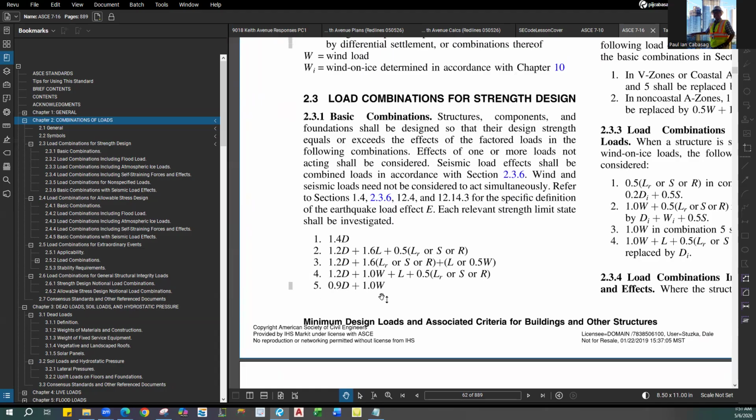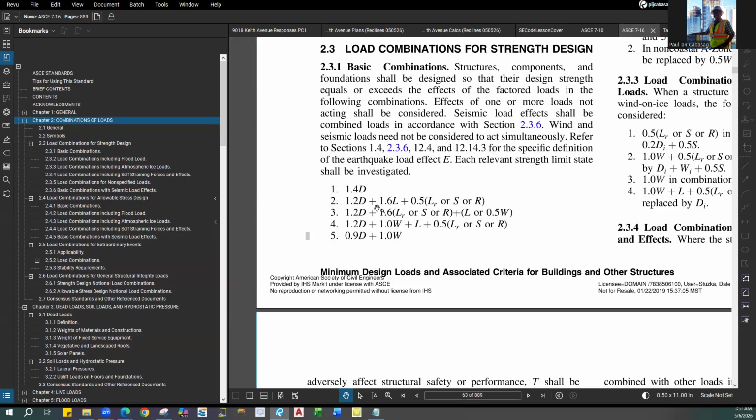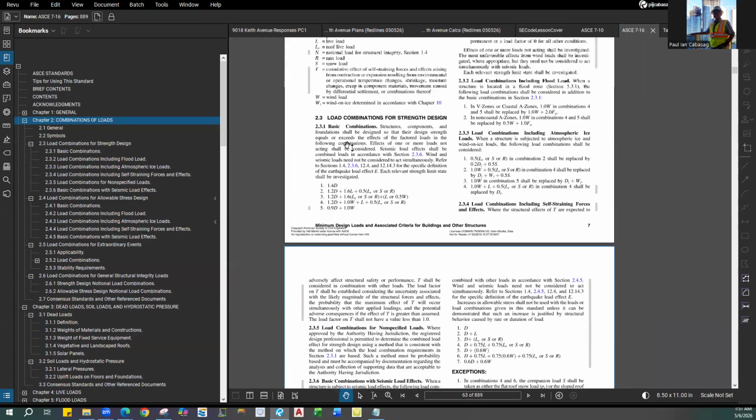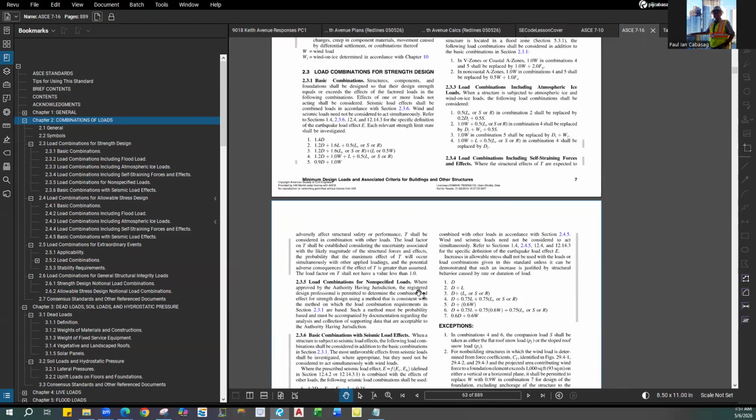So you have to account for it, because this one can actually govern or control depending on the capacity or depending on the demand load of your wind. So these are the two main sections, 2.3 and 2.4, that a lot of engineers typically use.